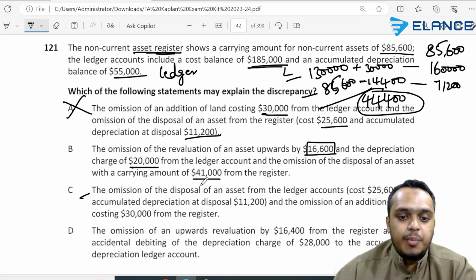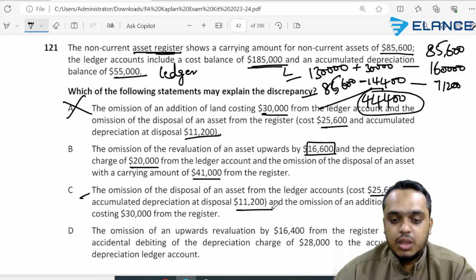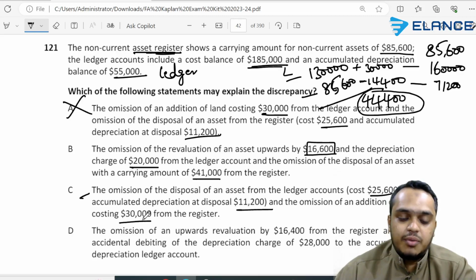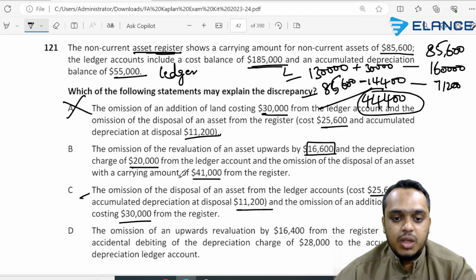Then the next one, the omission of the disposal of an asset from the ledger accounts, cost 25,600, accumulated depreciation is 11,200, and the omission of additional land costing 30,000. If you just see, this option is actually the reversal. What does it say? If I have to do this, reverse these two calculations. If I minus 14,400 from 130,000 and add 30,000 to 85,600.